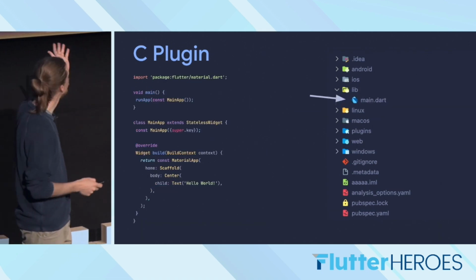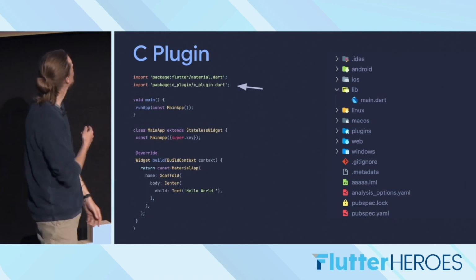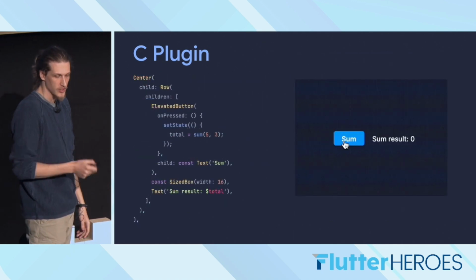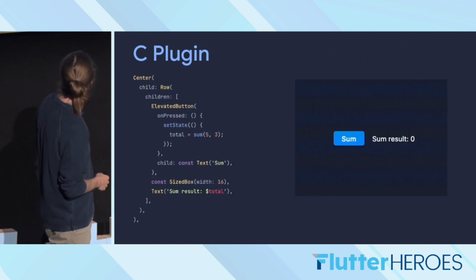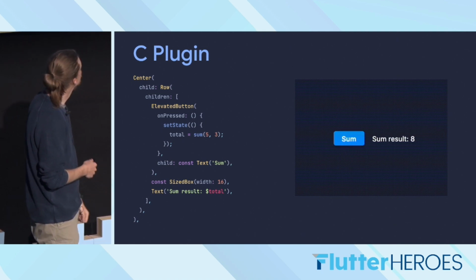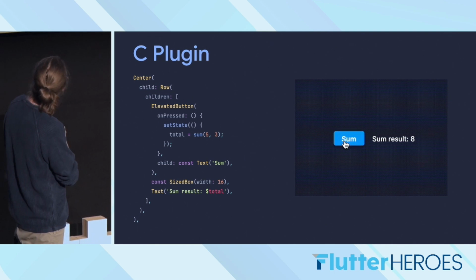After that, we can just create inside our app a small example. So I imported our plugin as every other package. And then inside the main view, I added a button with a set state. And that's all. That's the sum function with 5 and 3.